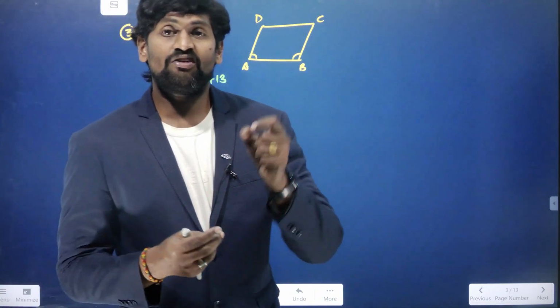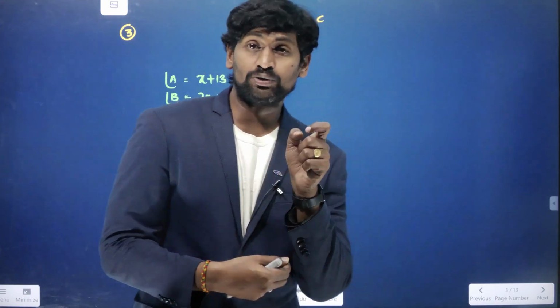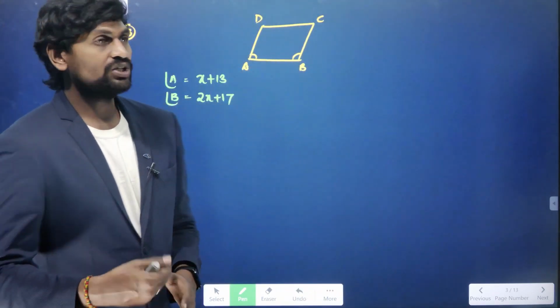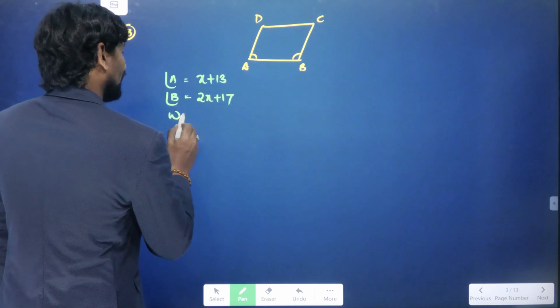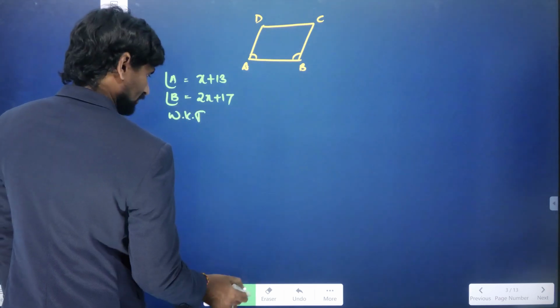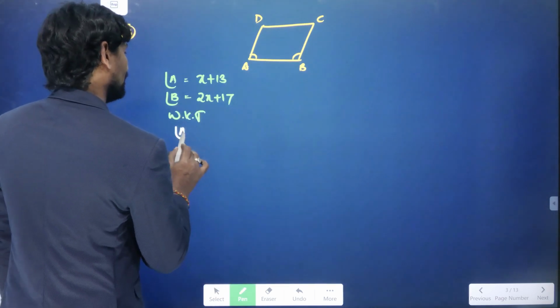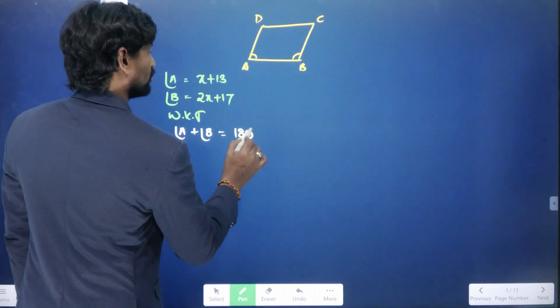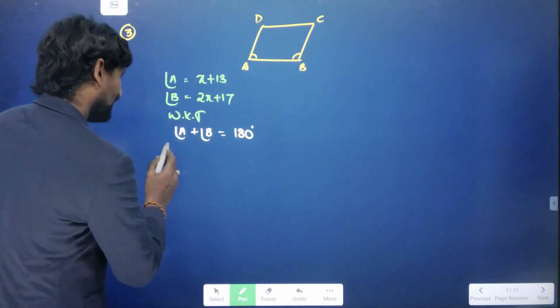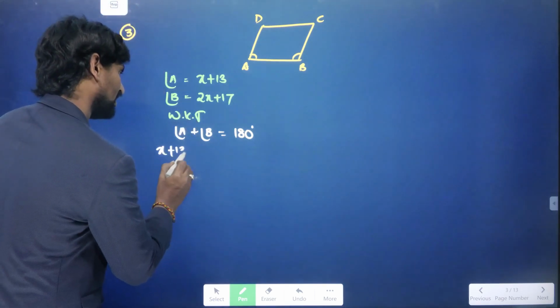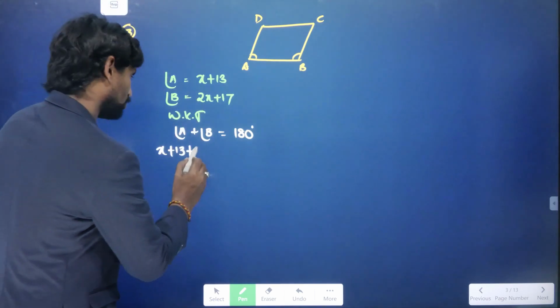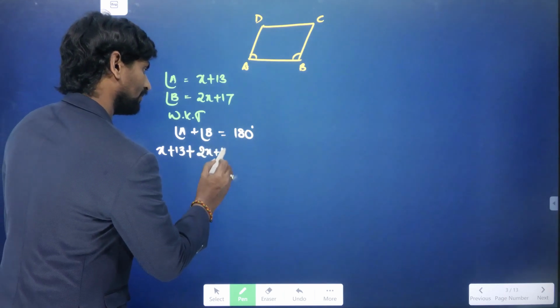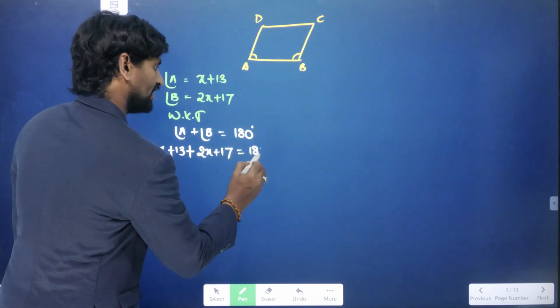That means the sum of adjacent angles of a parallelogram is 180 degrees according to the property of a parallelogram. So angle A plus angle B, both adjacent angles, equals 180 degrees. A value x plus 13 plus B value 2x plus 17 equals 180.